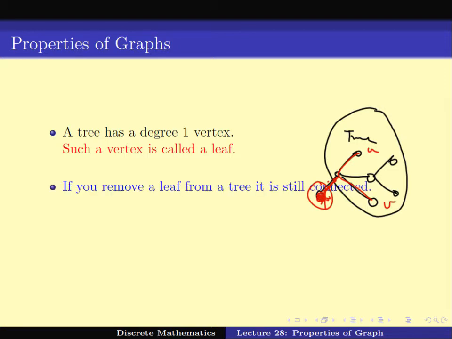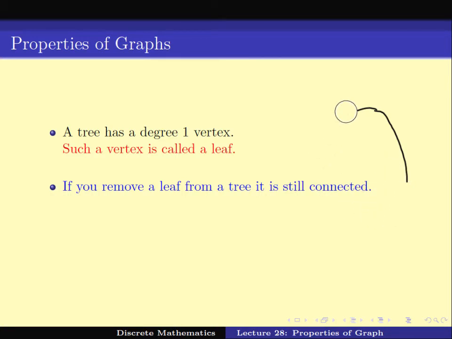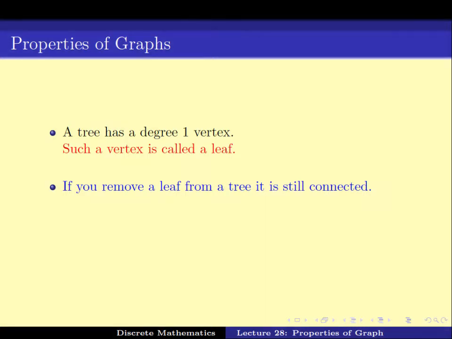So if you remove the leaf from a tree, the tree still remains connected. Note that I am not just removing the edge from the leaf to the rest of the tree, but the leaf itself. So I get a graph on a smaller number of vertices.